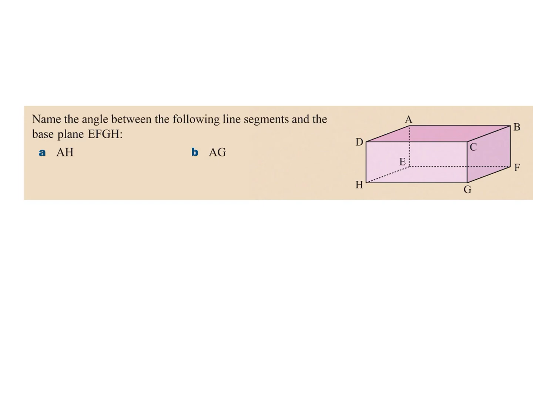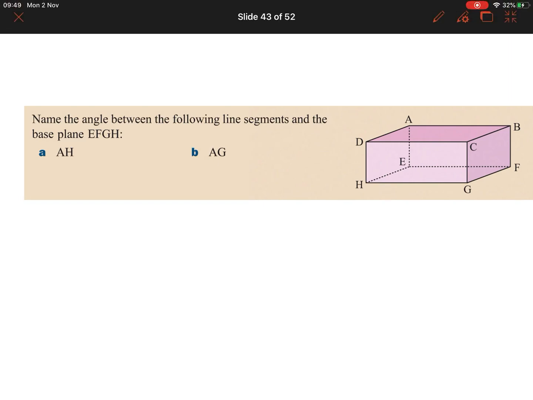Okay, so we've got to name the angle between the following line segments and the base plane. Now, what do they mean by a plane? Let's first of all just try and understand that. So the base plane is this area here. Okay, a plane is a flat two-dimensional surface.